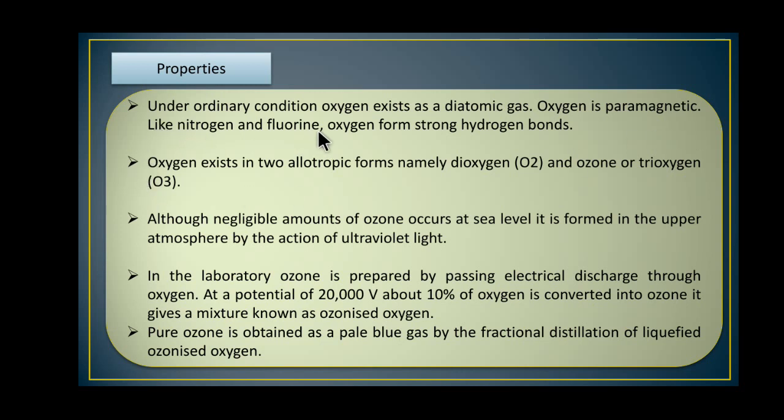Like nitrogen and fluorine, oxygen forms strong hydrogen bonds. What are hydrogen bonds? Hydrogen bonds are classified as intermolecular and intramolecular. Inter means between molecules, intra means within the molecule. So it exists as a strong hydrogen bond.